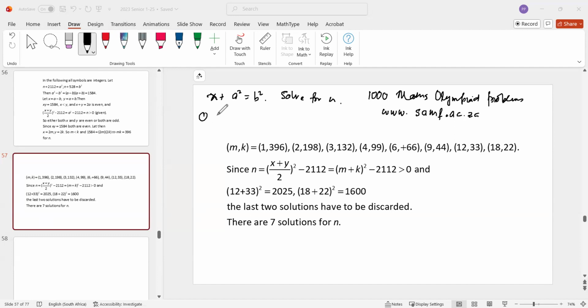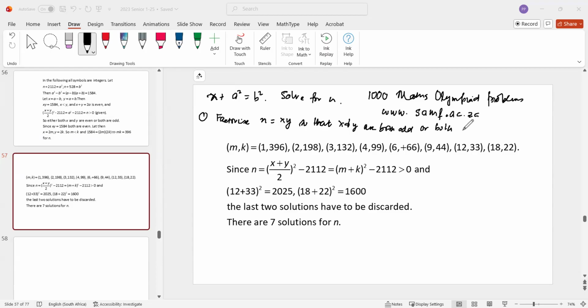The idea is to factorize n so that both factors have the same parity, so that x and y are both odd or both even.